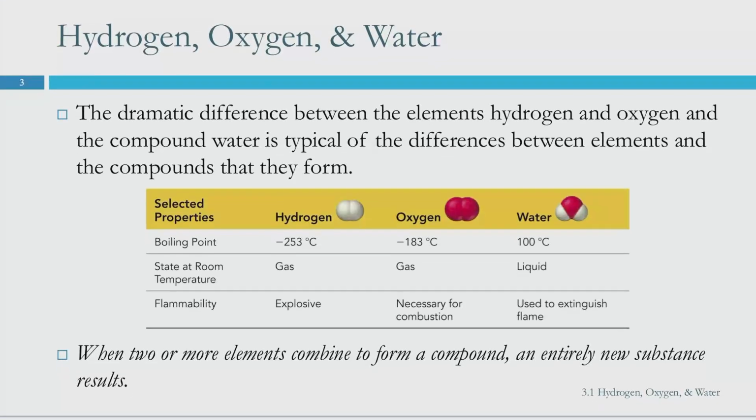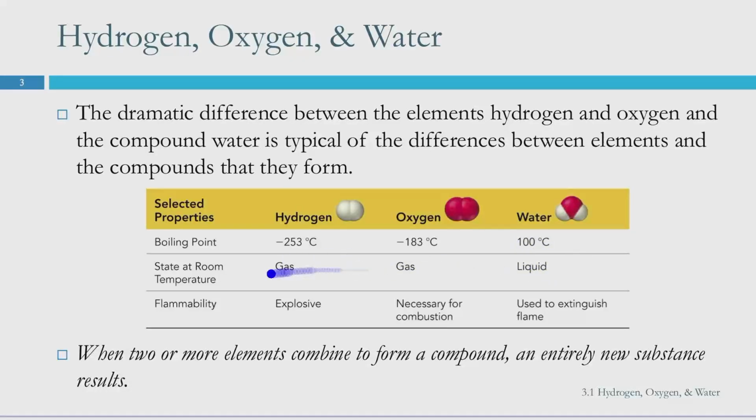When we combine elements like hydrogen and oxygen, if we look at the properties of hydrogen and oxygen by themselves, their boiling points are in the negative hundreds of degrees Celsius. They exist as gases at room temperature. If you combine them together, the properties change drastically. Now it's got a boiling point of 100 degrees Celsius.